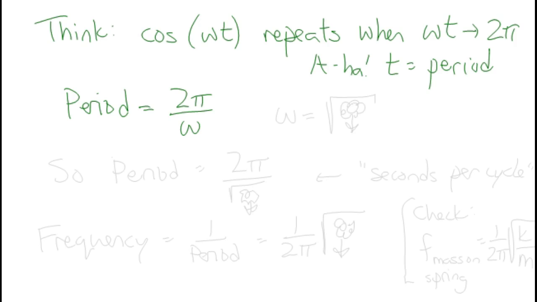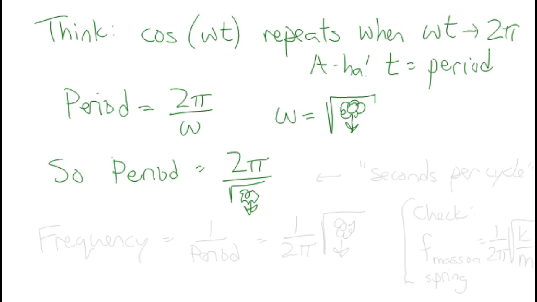Okay, 2 pi over omega, and then from the previous page, we have that omega is equal to the square root of flower. So the frequency, so let's start with the period. So the period is 2 pi all over the square root of flower.